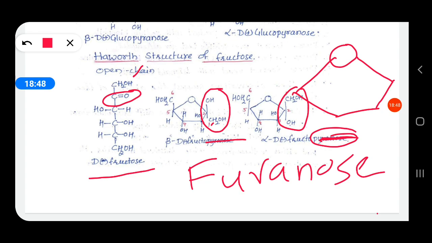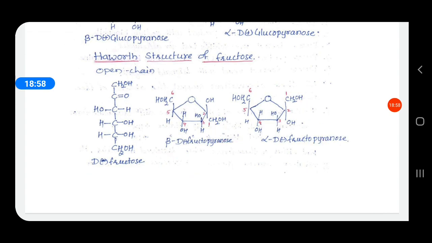On this anomeric carbon, if the OH group is above the plane, then it forms beta, and if the OH group is below the plane, then it is alpha. So depending upon the OH group present on the anomeric carbon, above the plane of the ring it is beta, below the plane of the ring it is alpha.